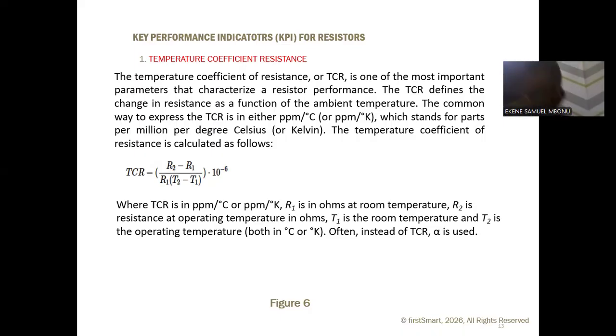So, this is one of the reasons why a control system designed, say, in the US, for the US environment may not work in Nigeria. You bring it here, you think that there's a problem with the system. There's no problem with the system.